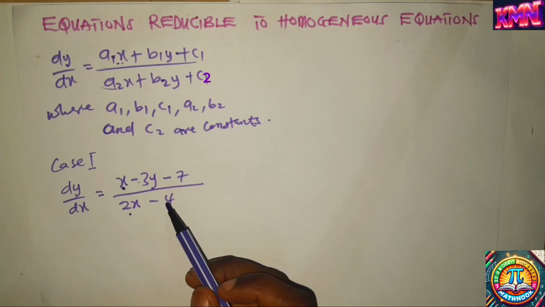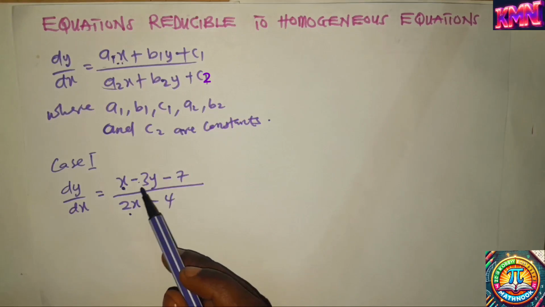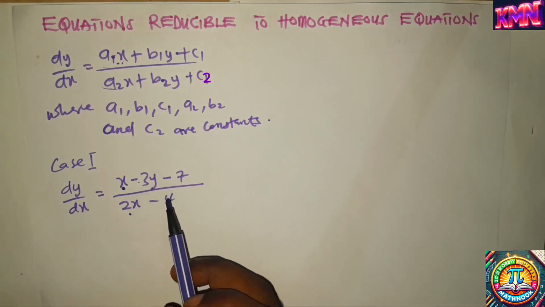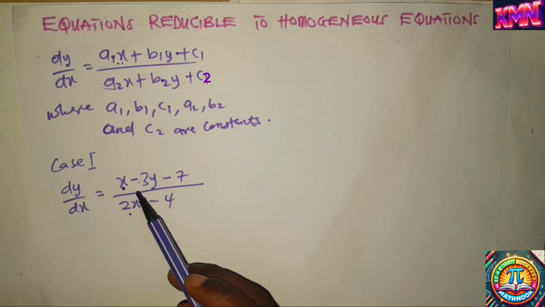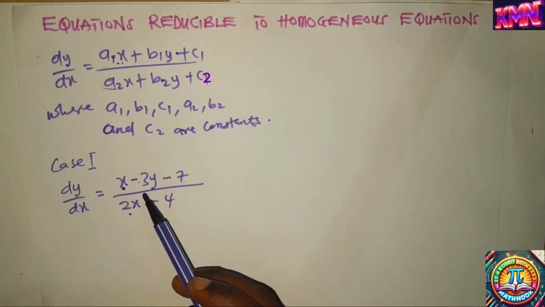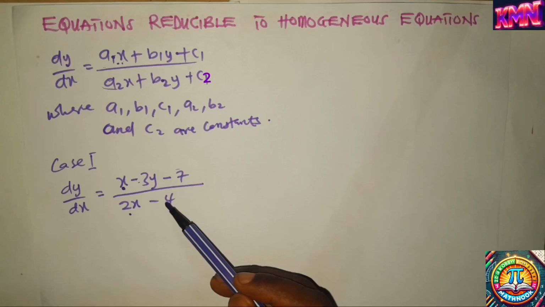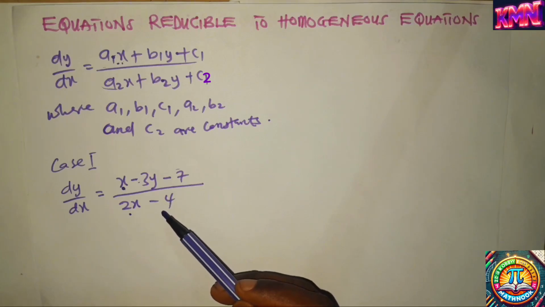But here the focus is on the coefficients of x and y, but not the constant. So when you find a differential equation of this form, this is the first case, and it has a distinct way of solving, where we will set the constant terms to be 0 for it to become homogeneous for us to solve. We will later look at examples on that.